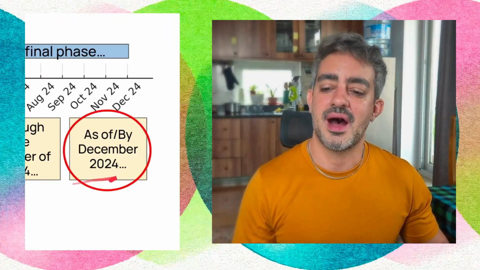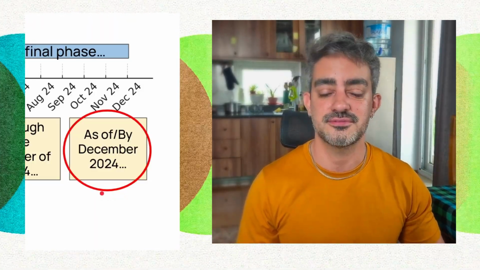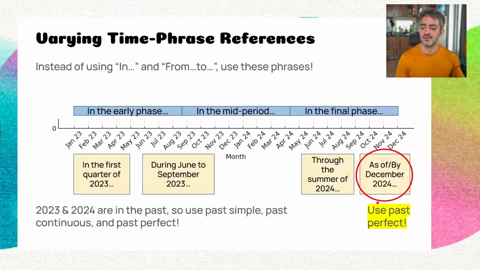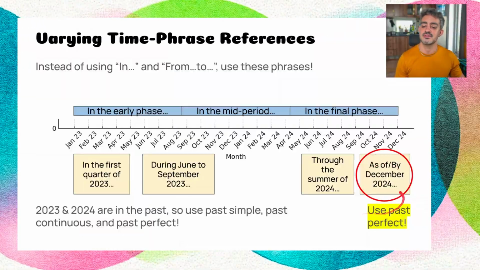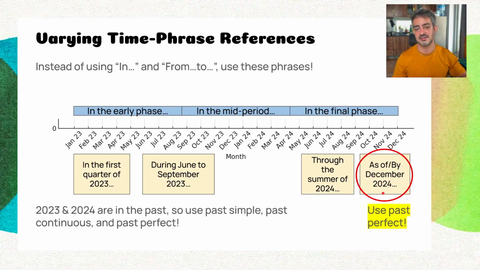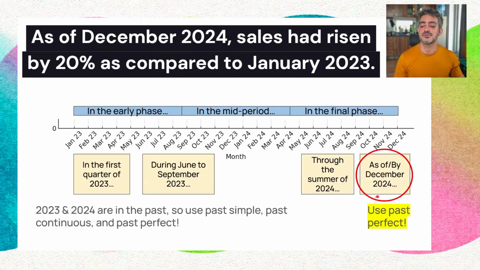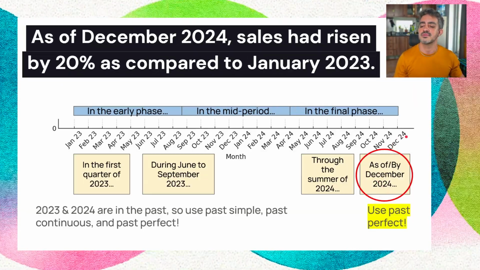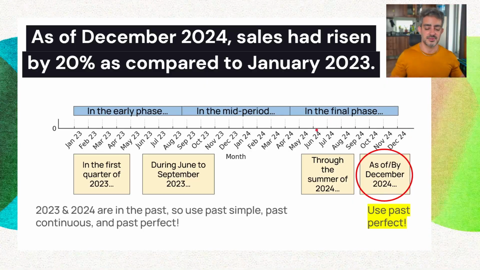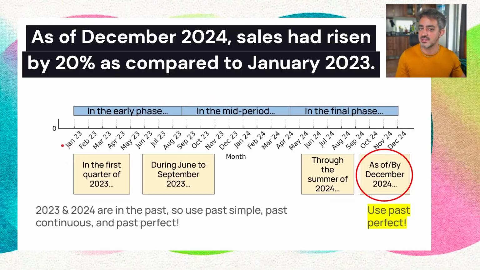As of or by December 2024 is an excellent way of forcing yourself to write a past perfect sentence, okay? So if I was using this, I would say as of December 2024. So this is now the last month. As of December 2024, sales had risen by 20% compared to January 2023, for example, okay?